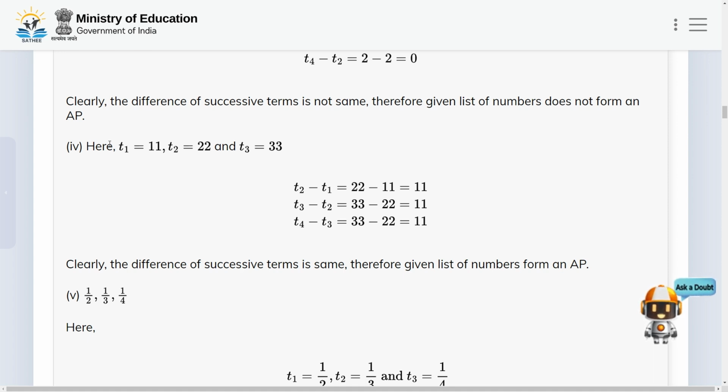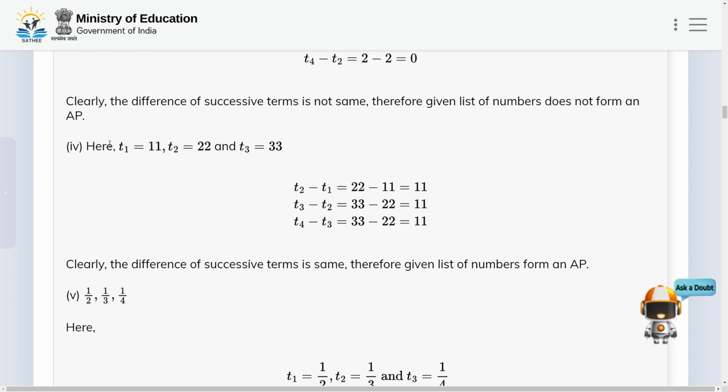Okay, so now take the difference. T2 minus T1 is equal to 22 minus 11, that is equal to 11, and T3 minus T2 is equal to 33 minus 22, that is equal to 11, and T4 minus T3 is also equal to 11.